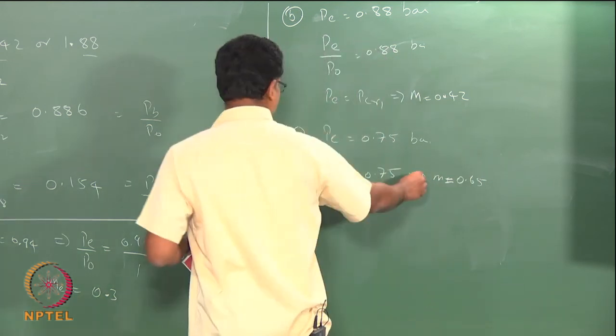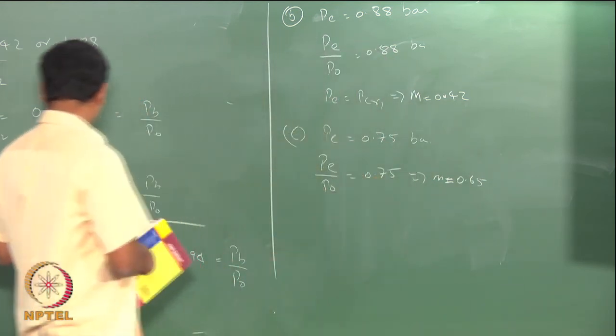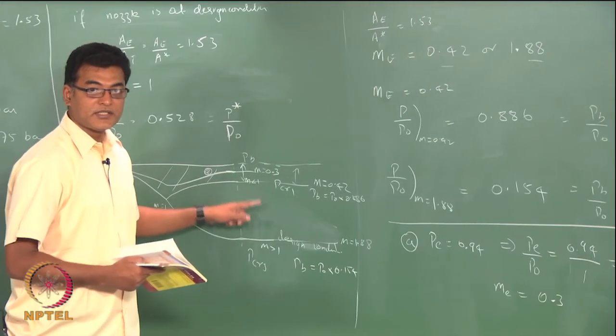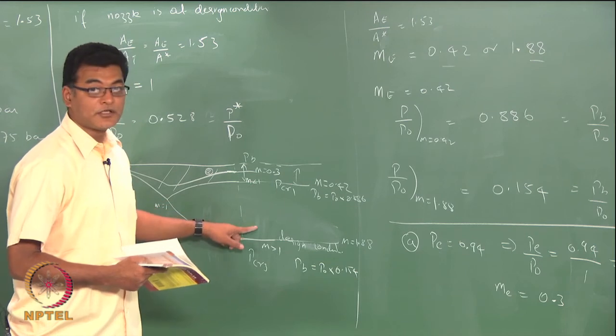And the problem here is this pressure ratio is between these two values, hence we know that this is a non-isentropic solution.